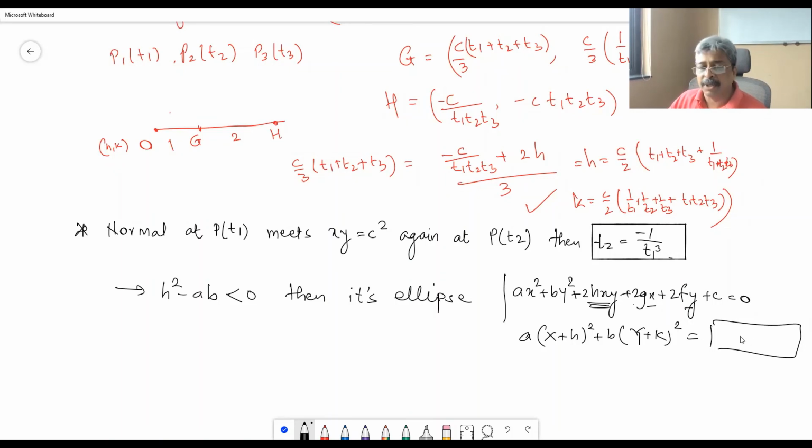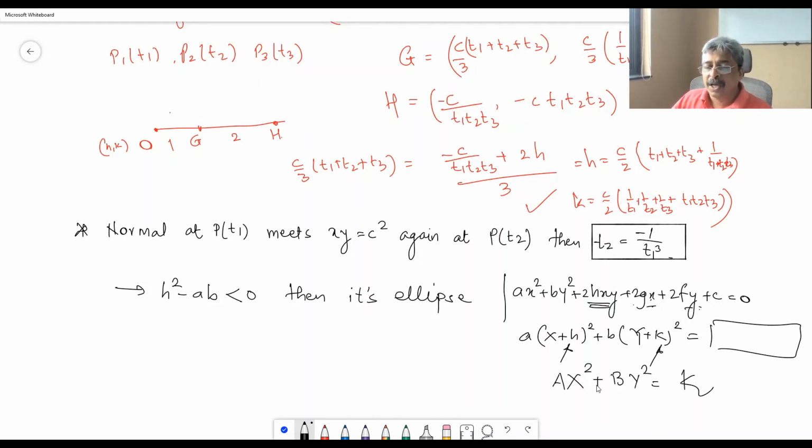This could be a bad number, but if the xy term is absent, you can always complete the square and the equation will start looking like this. Then if you shift your origin to minus h comma minus k, the x and y terms also will vanish, and eventually you will be left with, say, capital A times capital X square plus capital B times capital Y square is equal to some constant on the RHS.